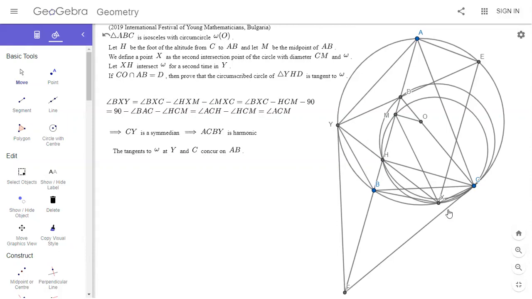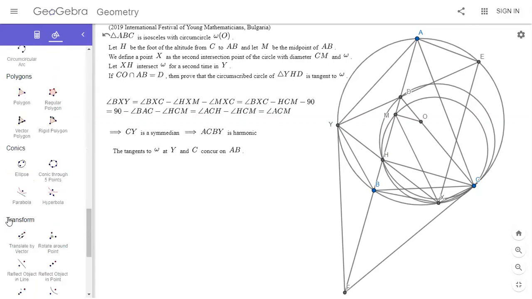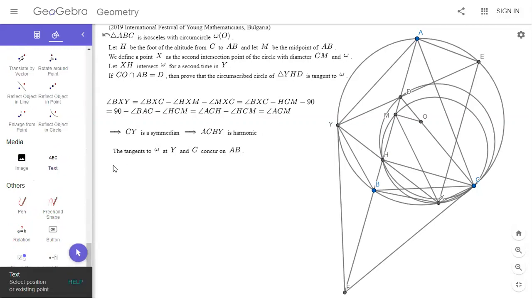Let's see. Yeah, we want to show FY is tangent to YDH. So, radical axis.